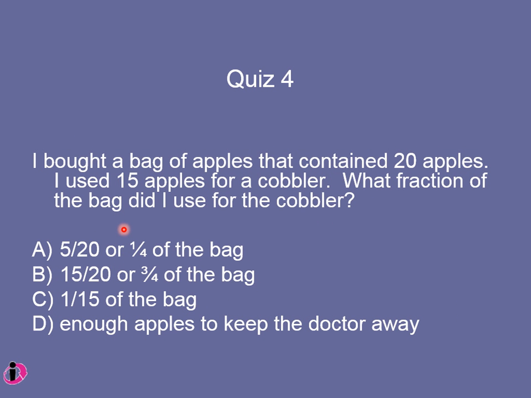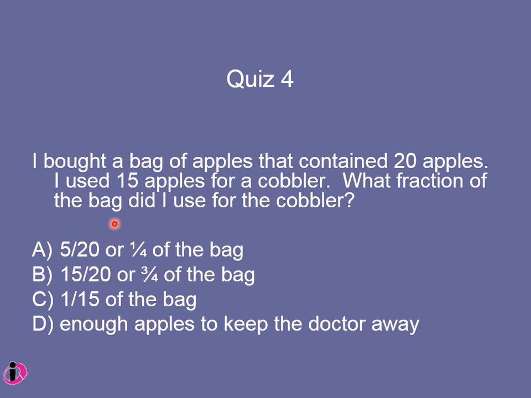Now, another example. Word problem. I bought a bag of apples that contained 20 apples, and I used 15 apples for a cobbler. What fraction of the bag did I use for the cobbler? Now again, in total I had 20, right? So what fraction of the apples?